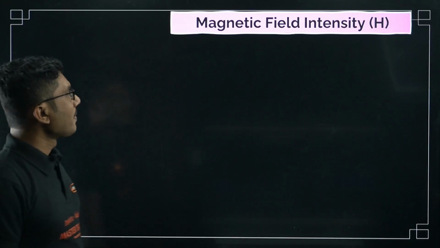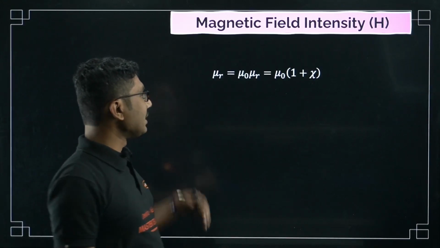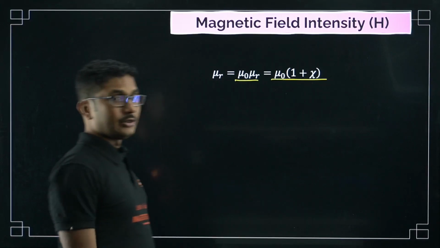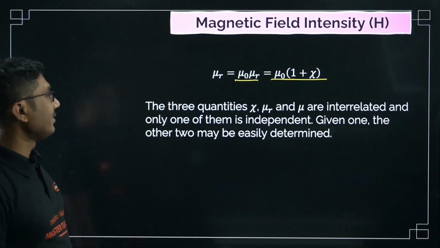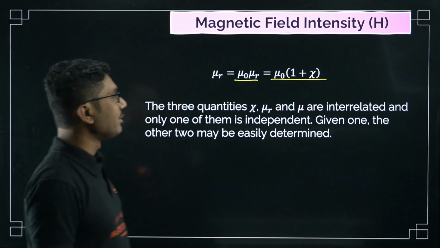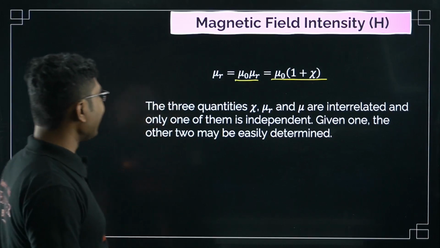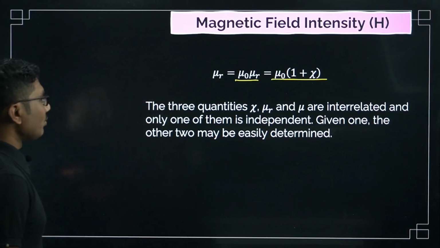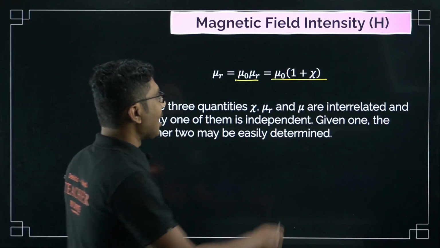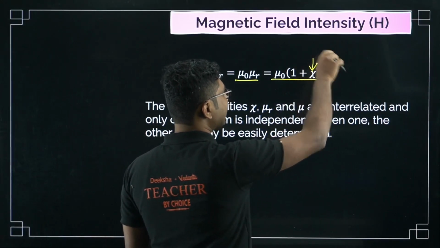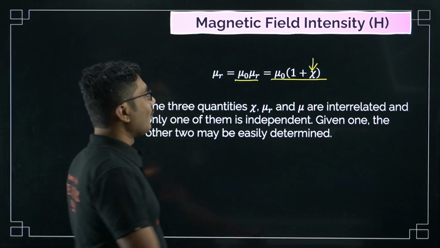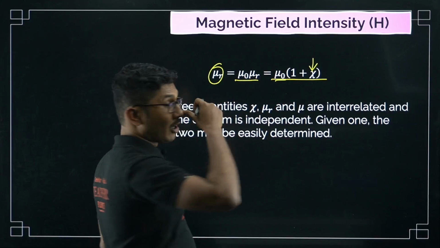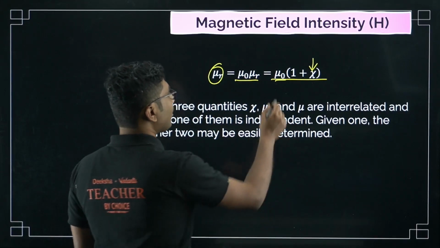Now let's move on. Mu = mu naught into mu r, or mu naught into (1 + chi). The three quantities chi, mu r and mu are interrelated and only one of them is independent. Given one, the other two may easily be determined. If you fix this value, based on that you can calculate mu r, and mu naught you already know, so you can calculate mu.